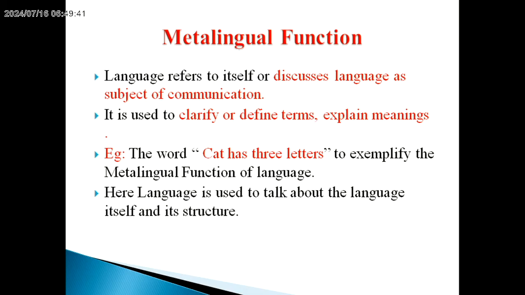Roman Jakobson gives an example for this: "A cat has 3 letters." The word cat, how many letters are there? 3 letters. To exemplify the metalingual function, language is used to talk about language itself and its structure. This is called the metalingual function of language.